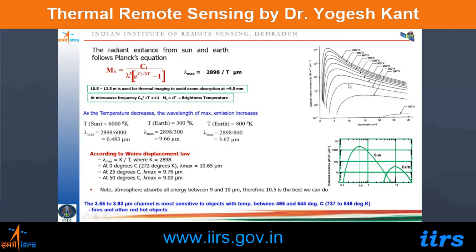For example, if there are other features, such as a fire on the Earth's surface, it will be around 800 to 1000 Kelvin. At 800 Kelvin, the maximum energy will be around 3.5 or 3.6 microns. So depending on this maximum energy curve, one can design sensors which can tap the maximum amount of energy.